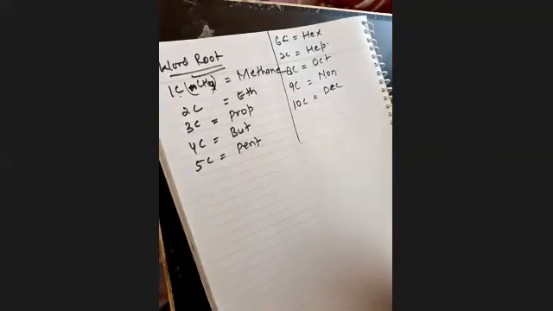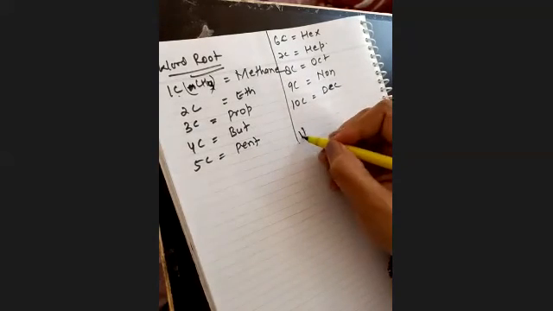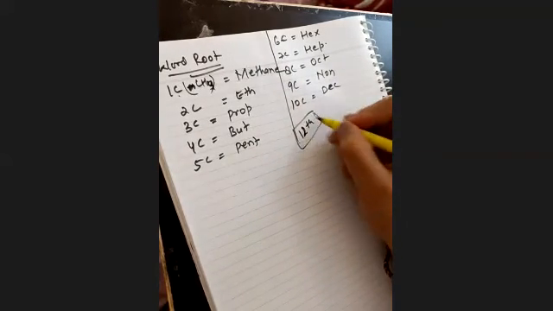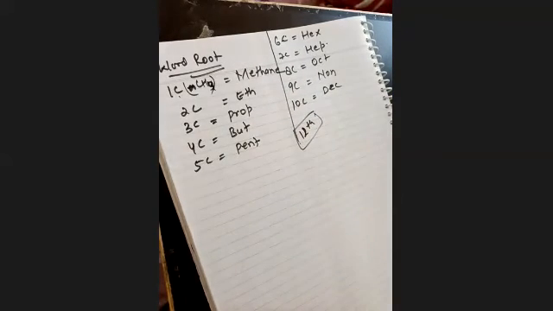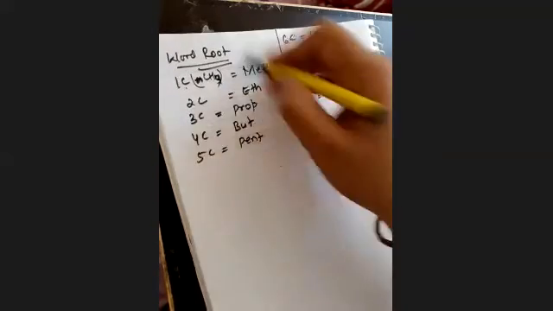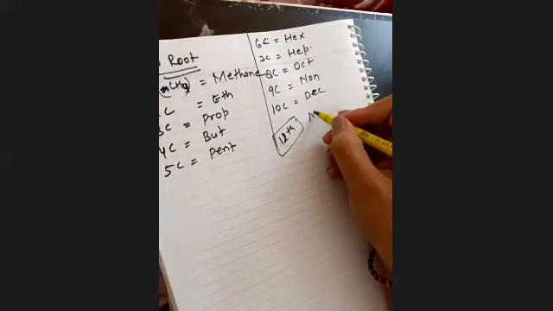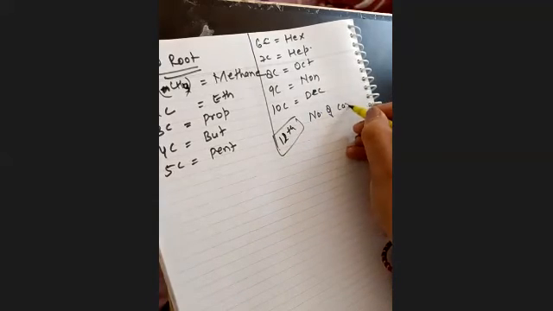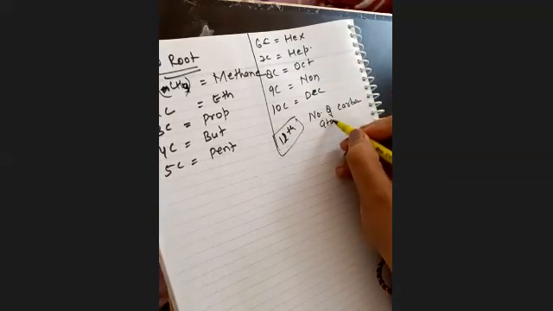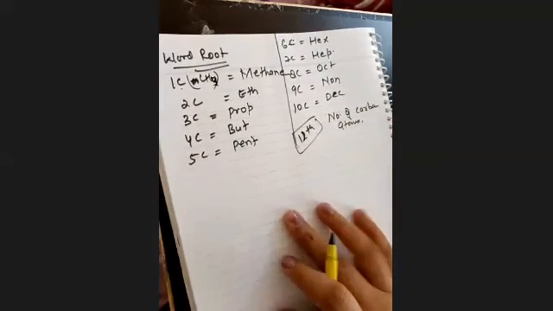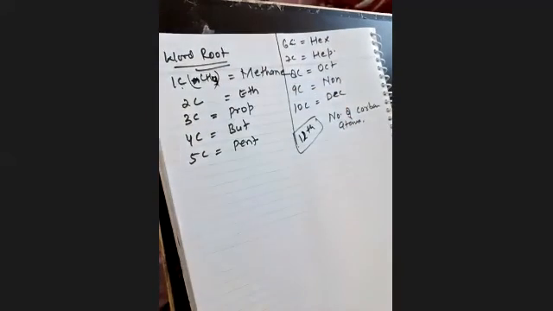There are more, but up to 12 is sufficient for you. Okay? This is for word root, because in word root we consider only the number of carbon atoms present. On the basis of these names, we name the compounds.